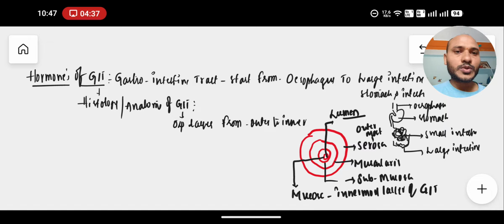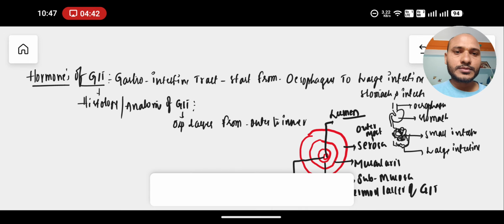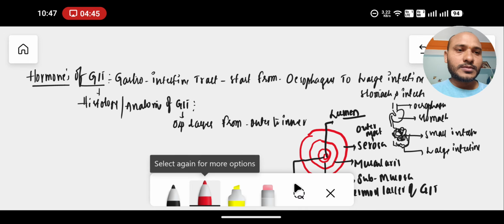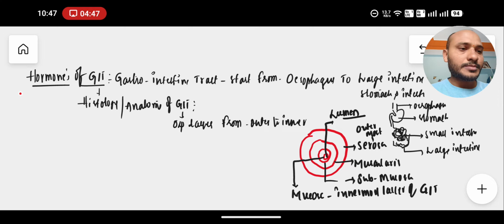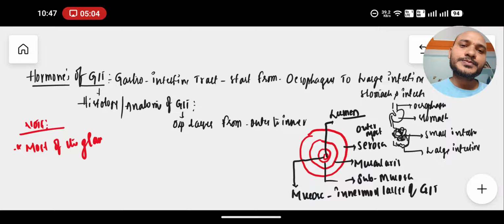A very important point here: most of the glands are located in the mucosa.